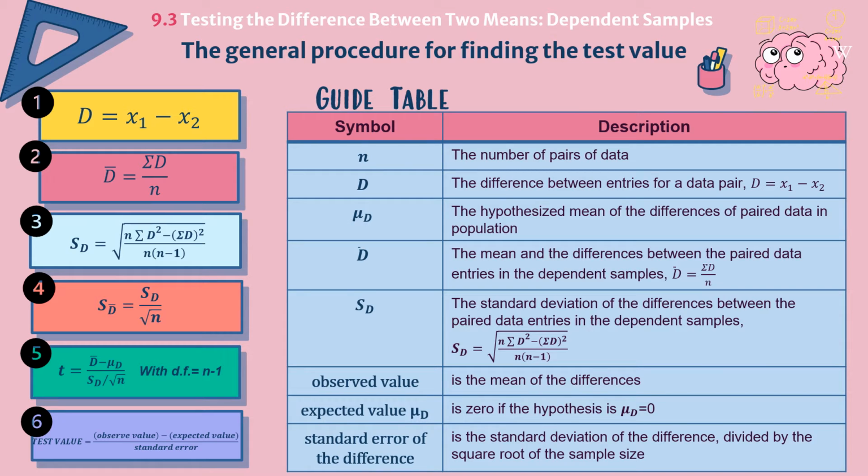And then the observed value is the mean of the differences. The expected value, mu sub D, is 0 if the hypothesis is mu sub D equals 0. Standard error of the difference is the standard deviation of the difference divided by the square root of the sample size.